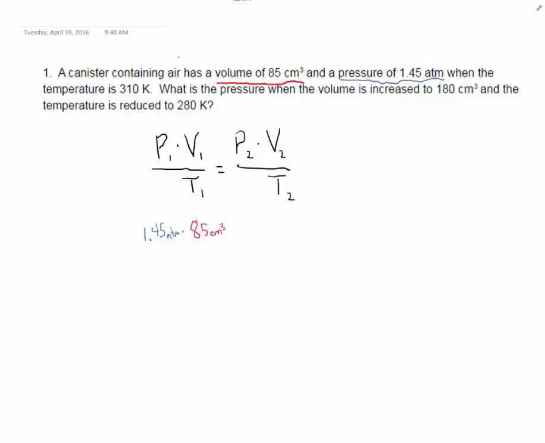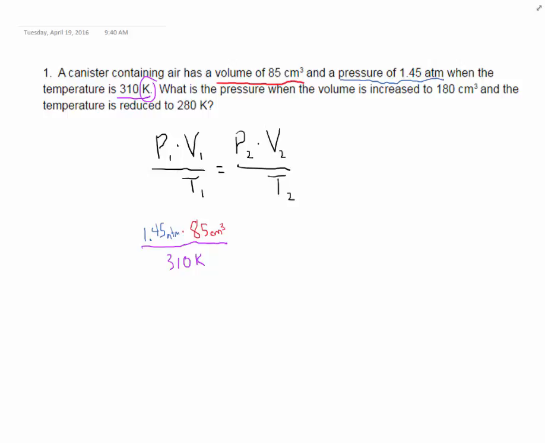And we have a temperature of 310 Kelvin. Those are all our initial values. An important thing to remember is that anytime you're plugging in temperature, it has to be in units of Kelvin. This is already in Kelvin, so we're good to go.